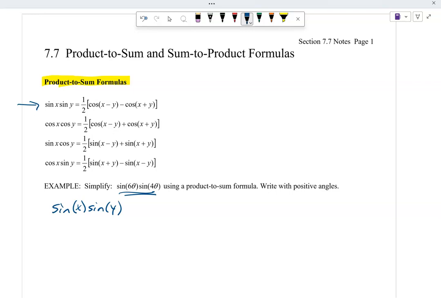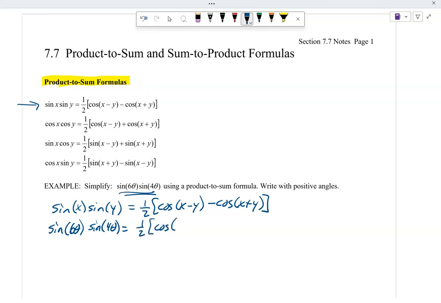Notice it's equal to 1/2 [cosine (x minus y) minus cosine (x plus y)]. We're just going to plug and chug on this, where our x is 6 theta, our y is 4 theta.